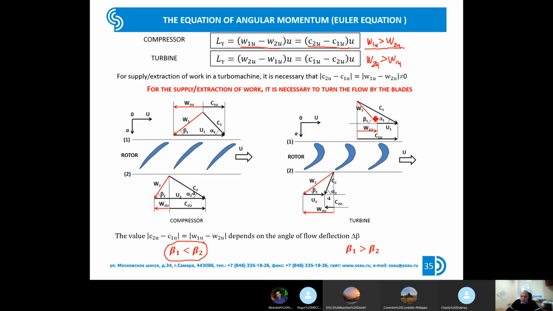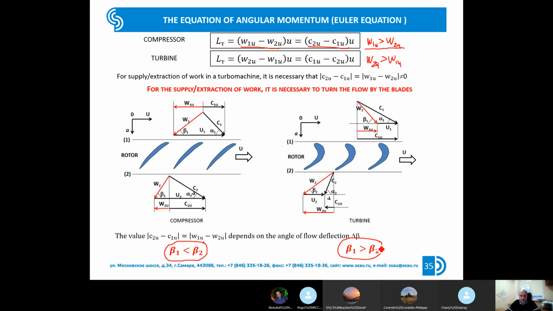And if we look at the velocity triangles at the inlet and at the outlet, you could receive such a relationship if you provide such a combination of the angles: the angle at the inlet of the turbine will be more than the angle at the outlet of the blade row.